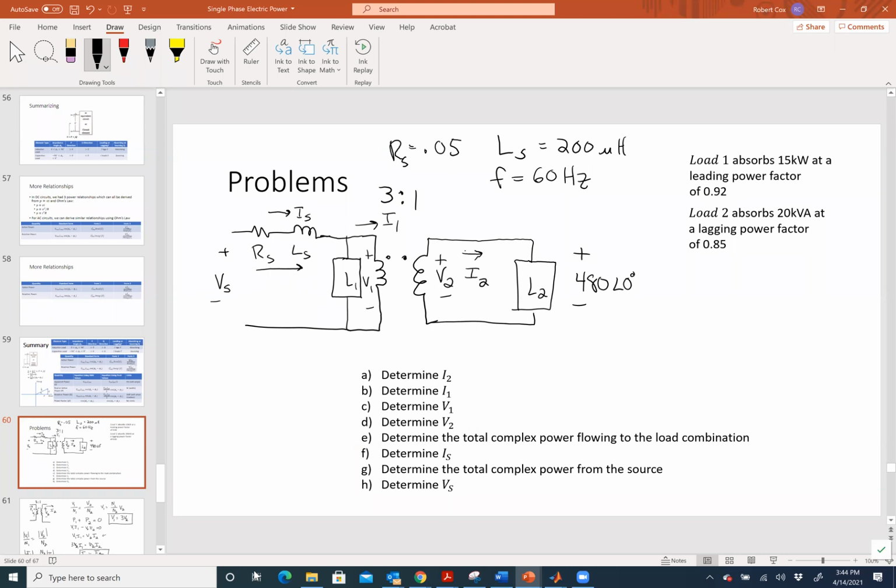How can I think about that? Do KCL right here, right? I sub S is the current going right here. With that I sub S, I know what I is right here. I know what I1 is. So I can figure out what I sub S is pretty easily just by KCL, right? I sub S has to be equal to I plus I1. So I just add those together, all right?